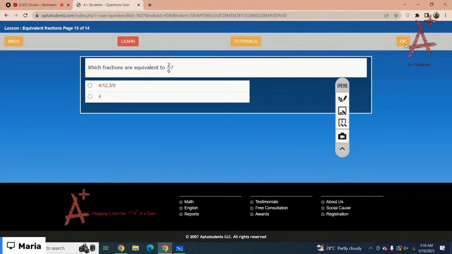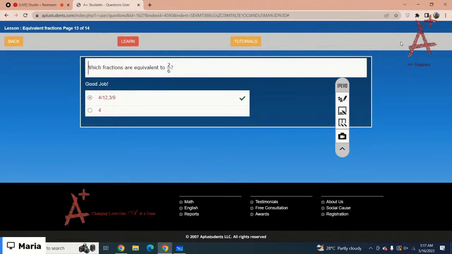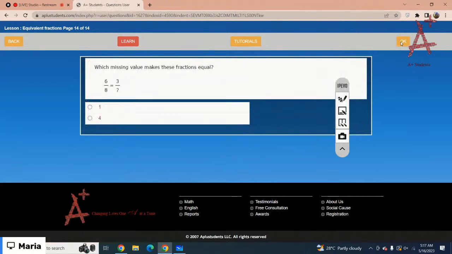Which fraction is equivalent to 2 by 6? Yes, they are 4 by 12 and 3 by 9. Okay, which missing value makes the fraction equal, 6 by 8 equals? Three over 4 is the correct option.